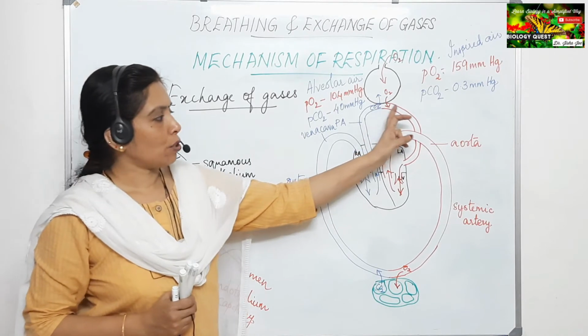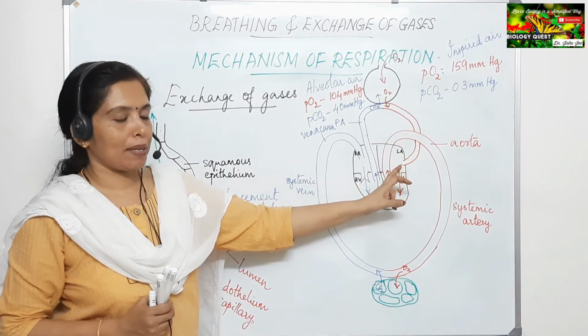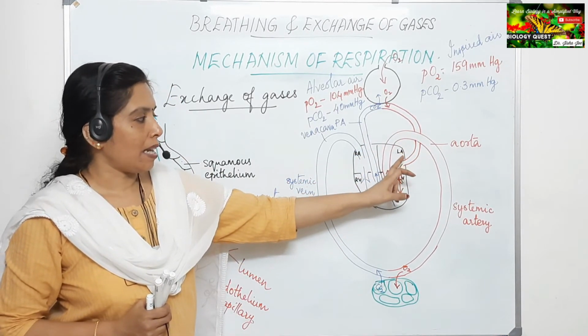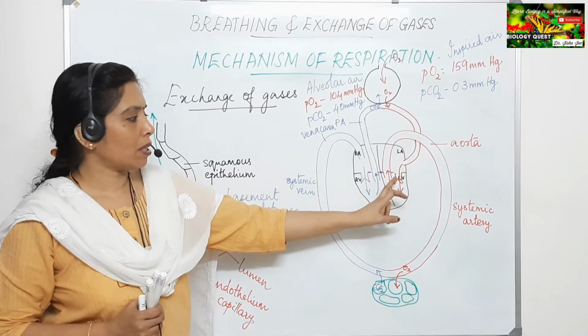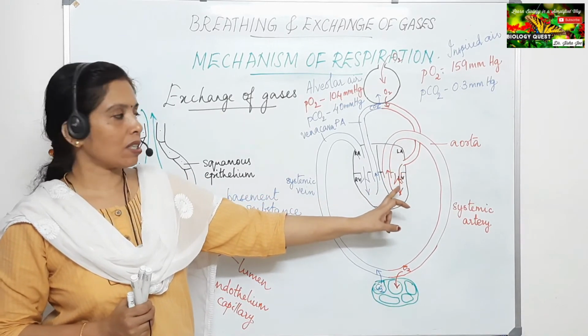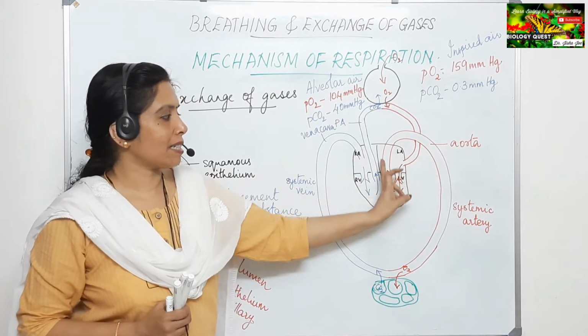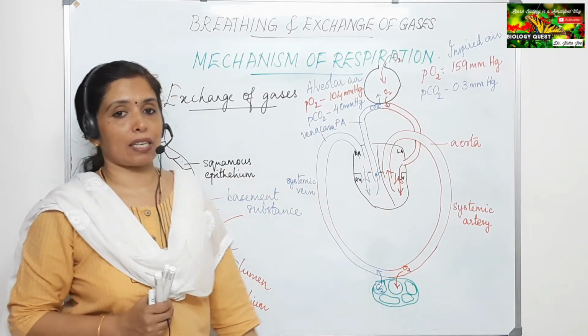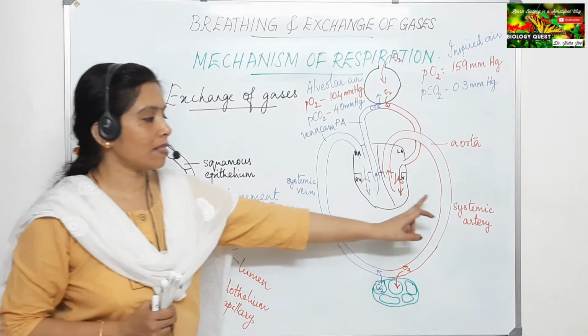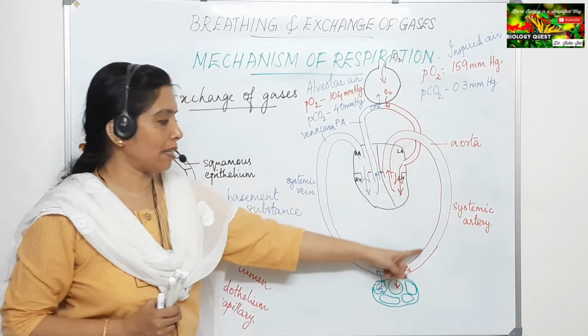Now, as I told you, this oxygen rich blood is taken to the left auricle. From the left auricle it passes into the left ventricle, and from the left ventricle through the aorta it enters the systemic artery, the artery of the systemic circulation, the largest circulation in our body.